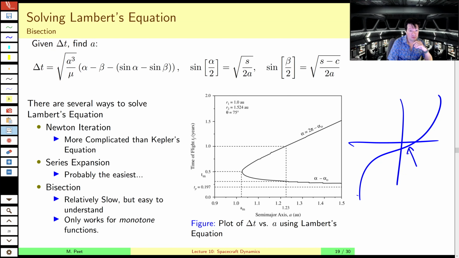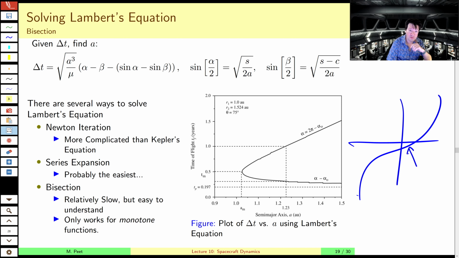So we're going to wrap up our discussion of Lambert's problem by giving a relatively straightforward algorithm which works in certain circumstances. It certainly is pretty effective at finding the first arc of the solution to Lambert's problem.